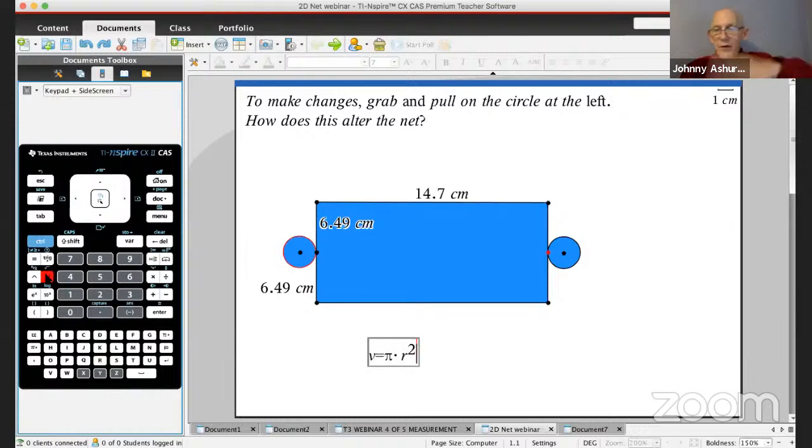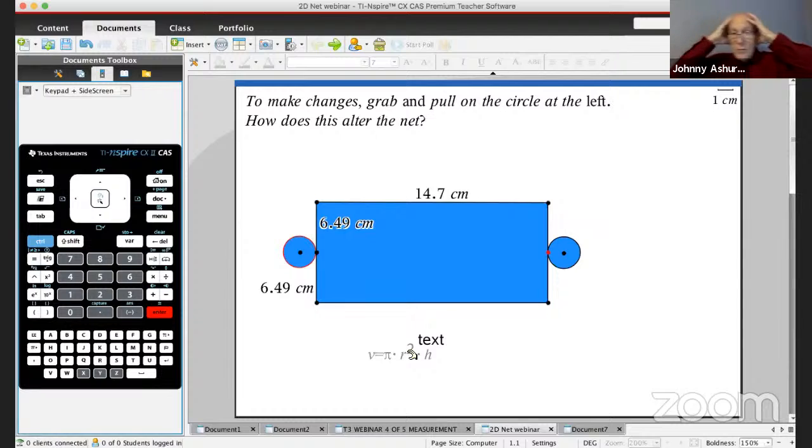So that's the area of the base, but I also need to multiply by the height. We can talk about that formula, but if I want to calculate with it, what do I need? I need a height. That number's the height of the cylinder. I need a radius.